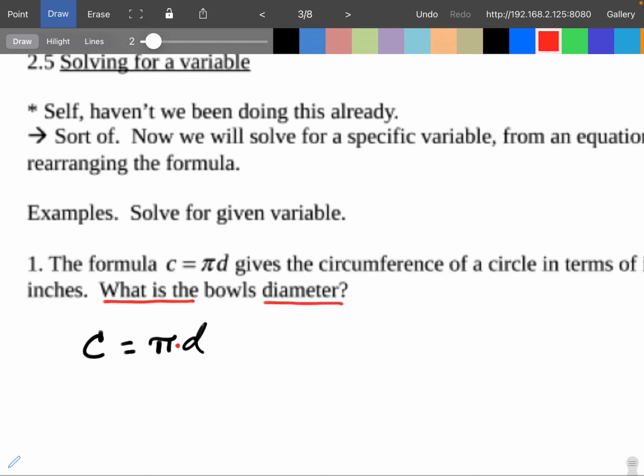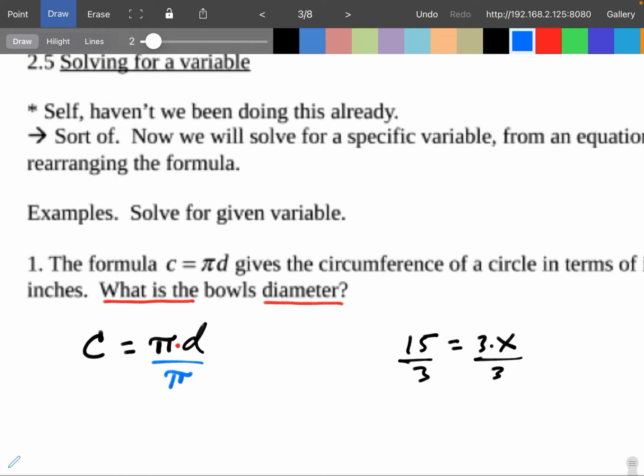There's a multiplication right here, right? So just like before, if you had an equation like 15 equals 3x, and you wanted to get the x all by itself, you would just divide by whatever the x is being multiplied by.